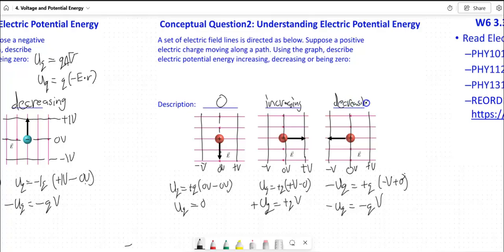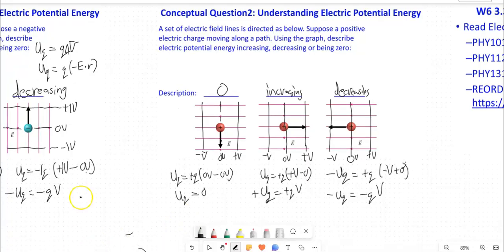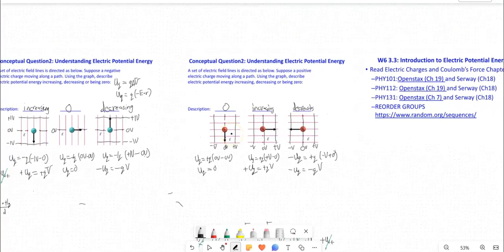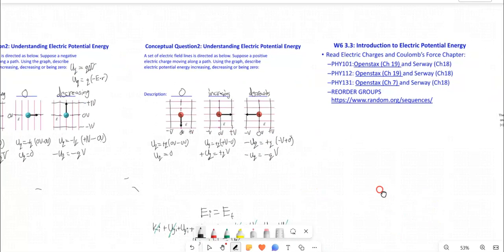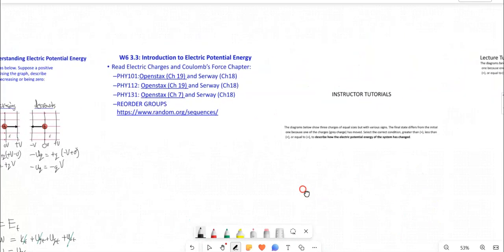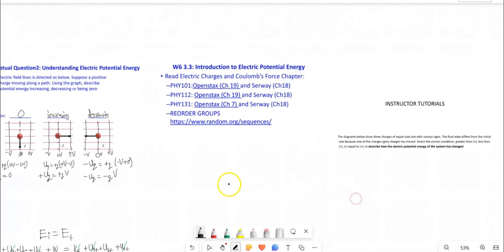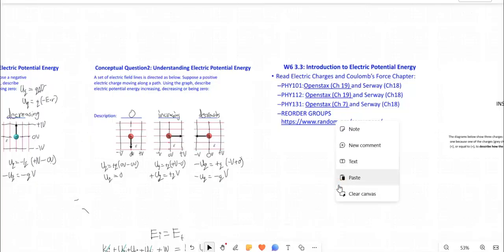Okay. So hopefully this is a good introduction to you for what electric potential energy is. We do have a tutorial, which I will do an introduction to shortly. But I want you to practice all of these tutorials.